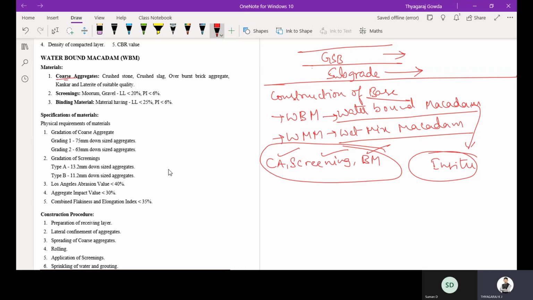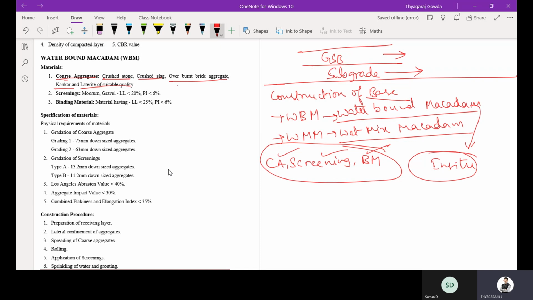The coarse aggregates consist of crushed stone, crushed slag, over burnt brick aggregate, conker, laterite of suitable quality. Usually the waterbound macadam is constructed using aggregates only. We are not going to use any soil here, gravel soil or other type of soil. Only crushed stone or crushed slag material will be used.